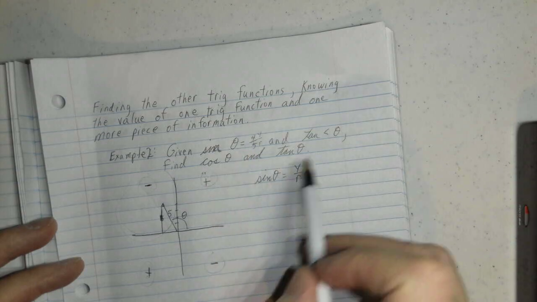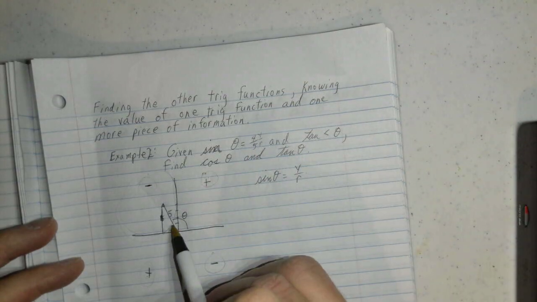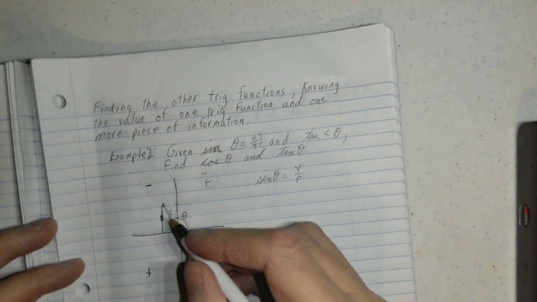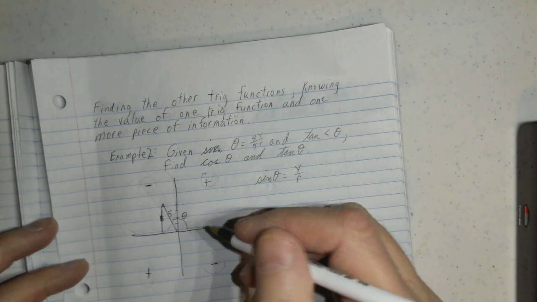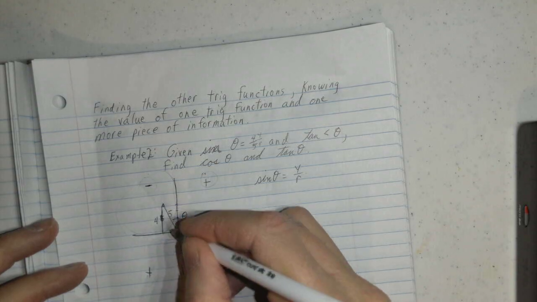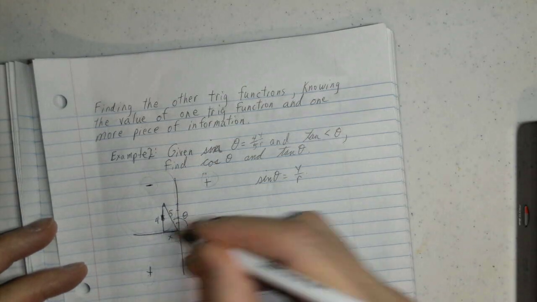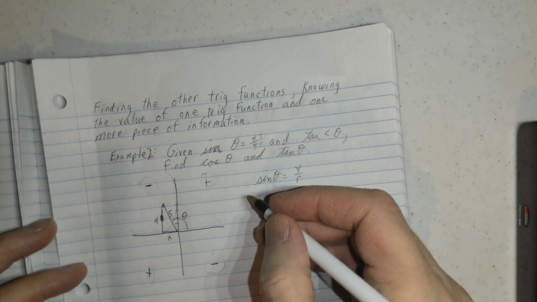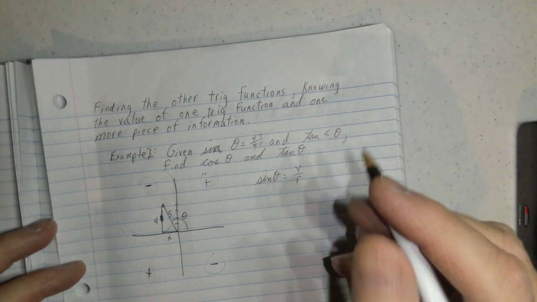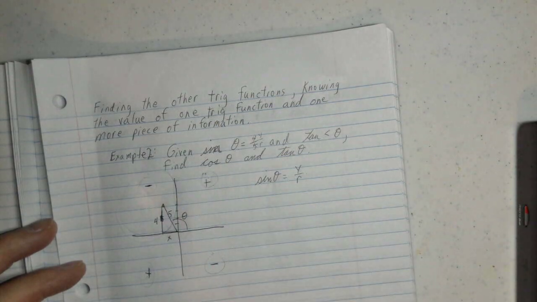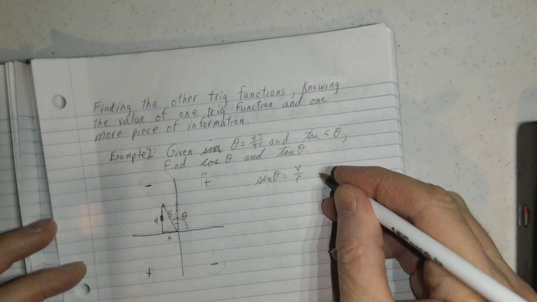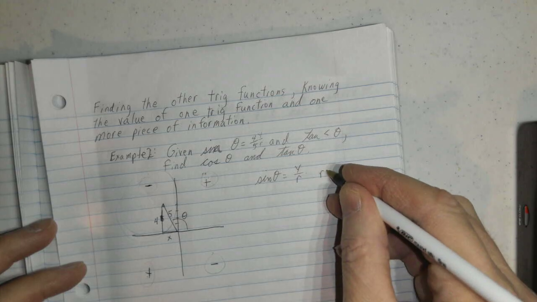Make sure we're all good that knowing since tangent is less than 0 that we are in the second quadrant because the sine is positive. This is 4. Here's the x value. So I'm going to find the cosine of theta. And in order to do that, we need to find that x value there for that triangle.